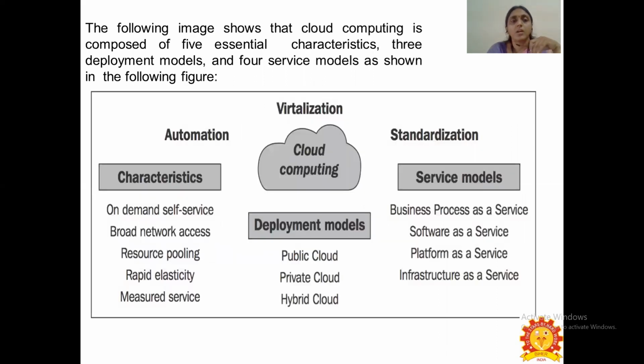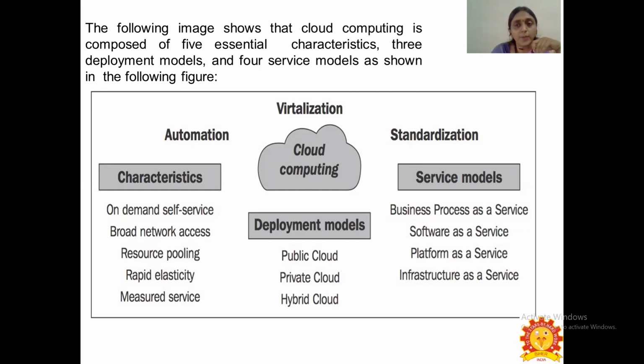And now we will see the diagram, that is the image which shows that cloud computing is composed of 5 essential characteristics, 3 deployment models and 4 service models, which are given in the architecture diagram. Here we have the characteristic model, deployment model and service model. In the characteristic model, we have on-demand self-service, broad network access, resource pooling, rapid elasticity, and measured service.